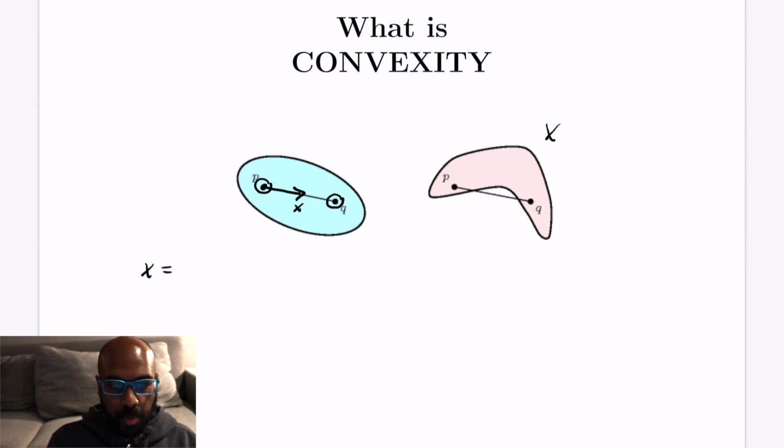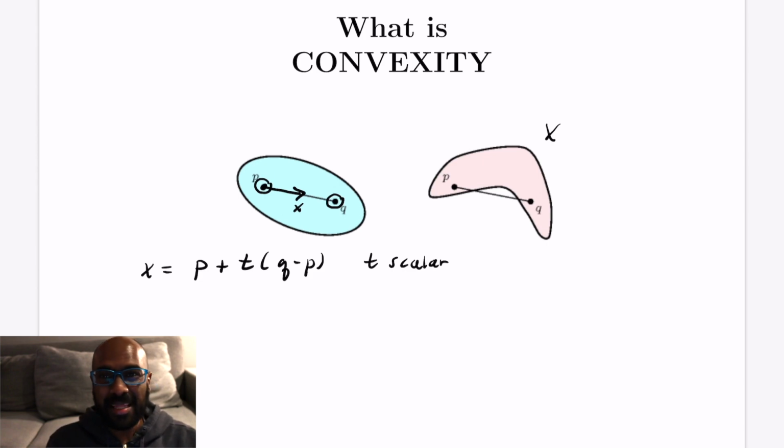So if we think about a point X on the line segment between P and Q, we can describe it as P plus moving along the direction from P to Q, which is the vector Q minus P. So we're adding a scalar T times the vector Q minus P. Okay, but what can that scalar be if we're supposed to lie on this line segment? Well, if T is 0, then this point is going to be P itself.